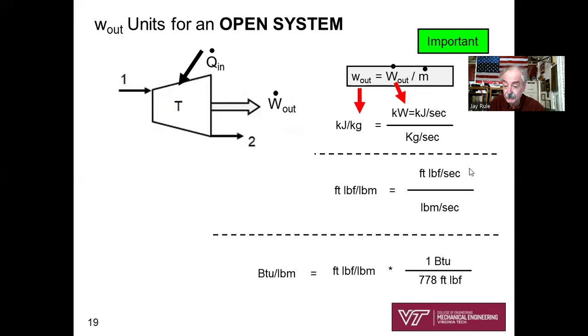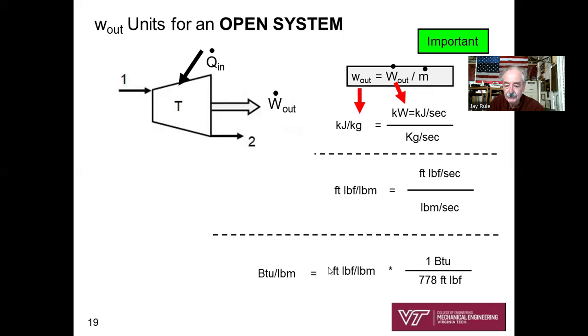Same drill. You can see right off. What have we got? W dot out has got to be in foot-pounds force per second. You may do a little preliminary conversion to get your W dot out in foot-pounds per second divided by pounds mass per second. It's going to work. Or alternatively, you may be asked for little w out in BTUs per pound mass.